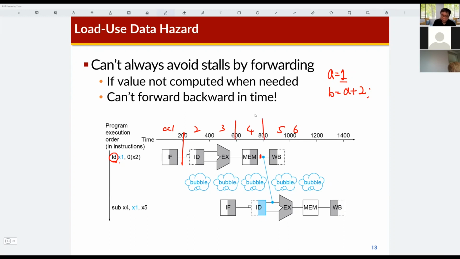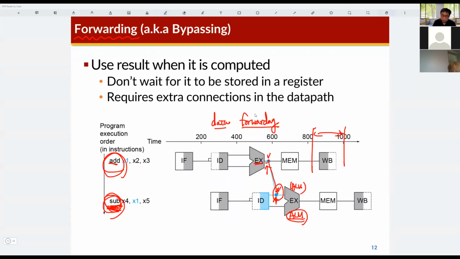But when the sub instruction is executed here, with instruction fetch, instruction decoding, and then EX, in the previous example the data is generated at CC3 and then used at the early part of CC4.